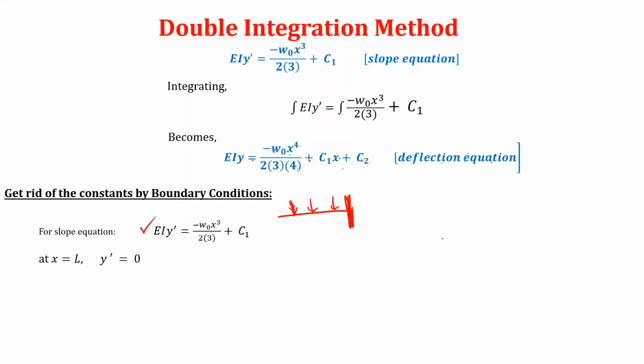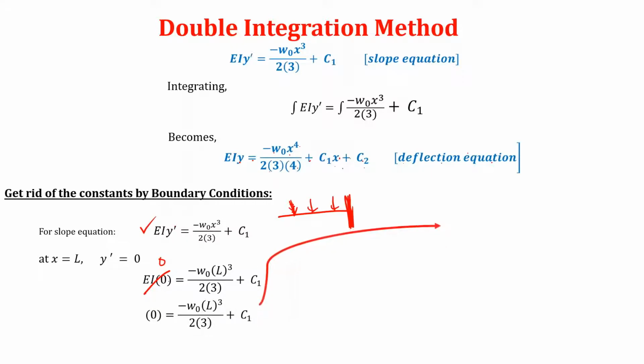Substituting, y prime is 0, so negative w0 L cubed over 2 times 3 plus C1 equals 0. Solving for C1 in terms of w0 L, C1 equals w0 L cubed over 6. So we have found the value of C1.